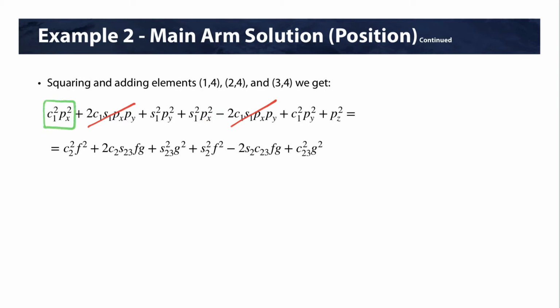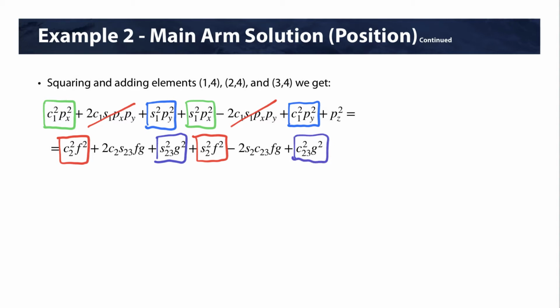These 2 are going to simplify, s1 squared py squared is going to simplify. Similarly, down below on the right-hand side, this guy is going to simplify with this one. And lastly, these are going to simplify as well.